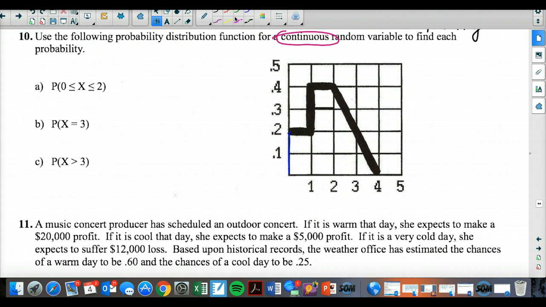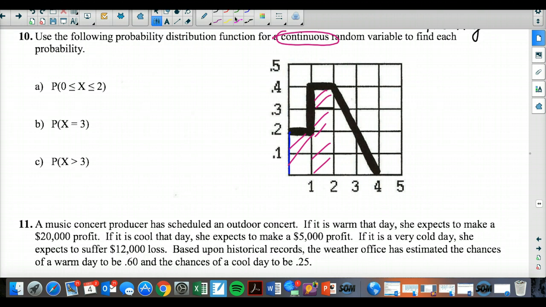Okay, so from 0 to 2 is all of this. Did you decide what that would be worth? 60%. 60% or 6/10? How am I getting a tenth out of this? Because if it's out of 1, then you could just split it up into 10.